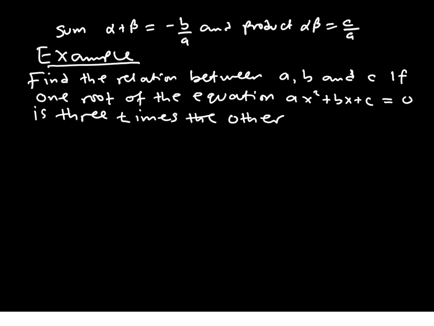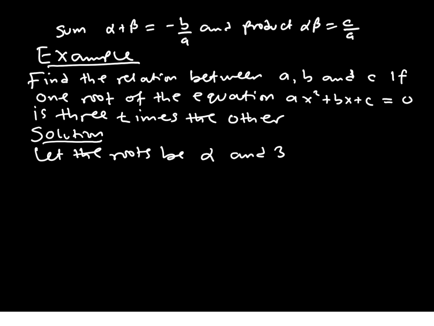In this example, they're telling us to find the relation between a, b, and c if one root of the equation ax squared plus bx plus c equals 0 is 3 times the other. Let's have a solution. Let the roots be alpha, so the other will automatically be 3 alpha.